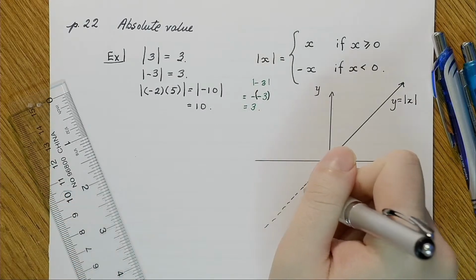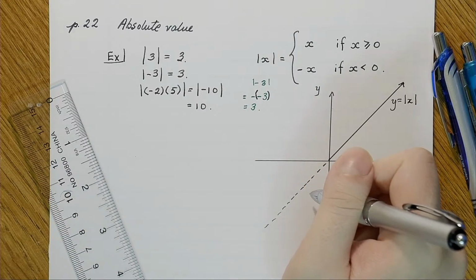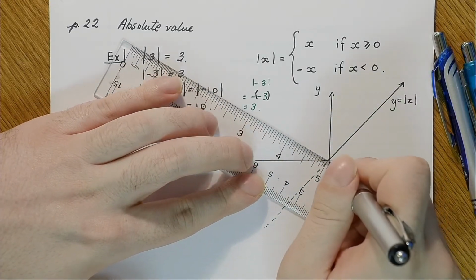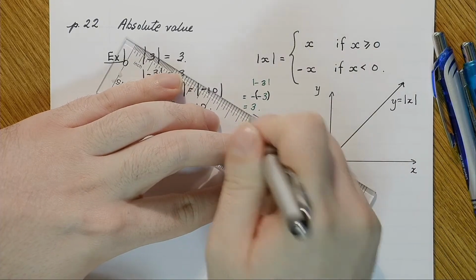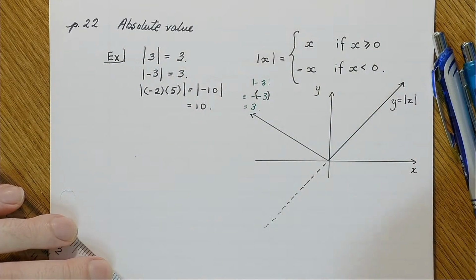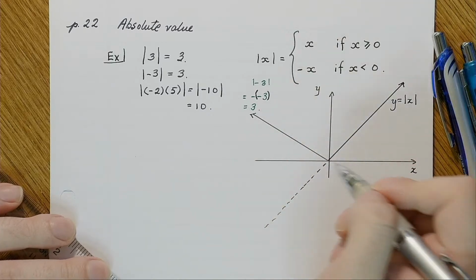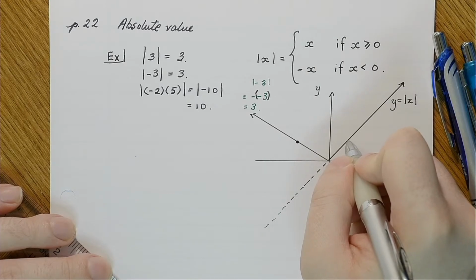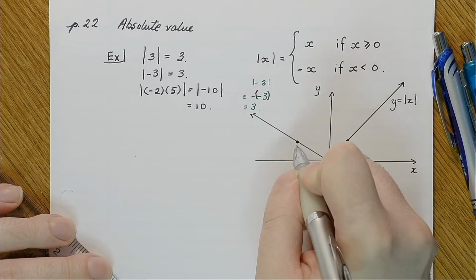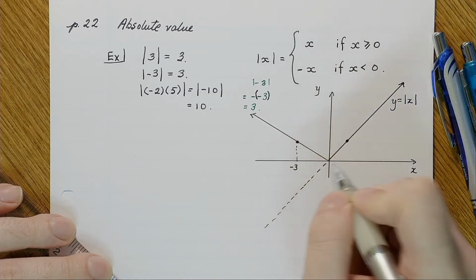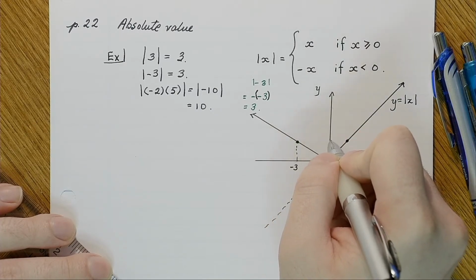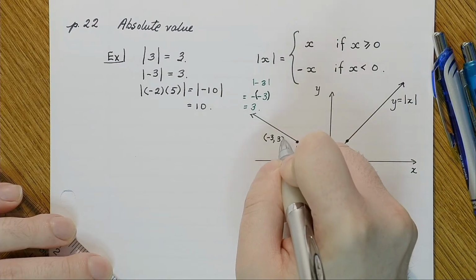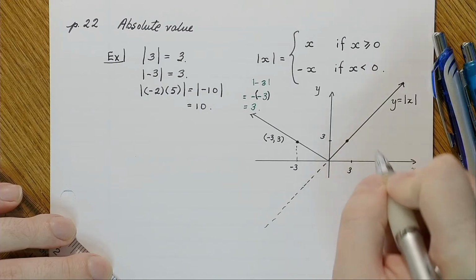Now, in here, we don't want to have negative signs. So what we're going to do instead is we're going to reflect it. There we go. And that's what happens. So if I have a negative number here, say -3, the value of that is going to be 3. And same thing over here, if it's positive, we just leave it alone.